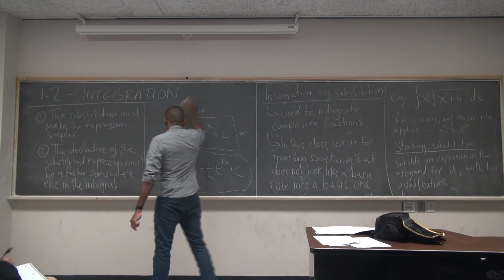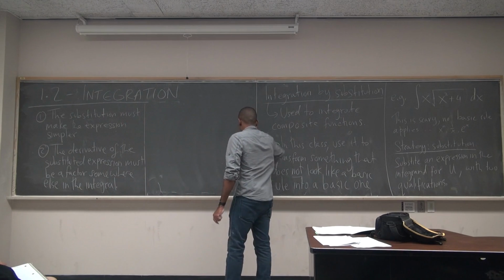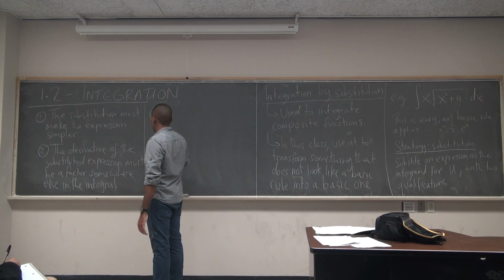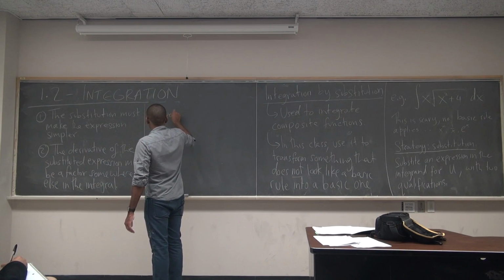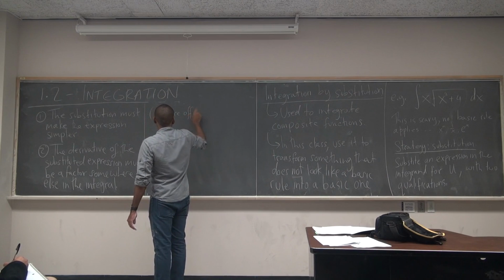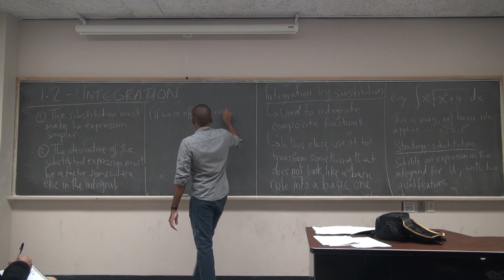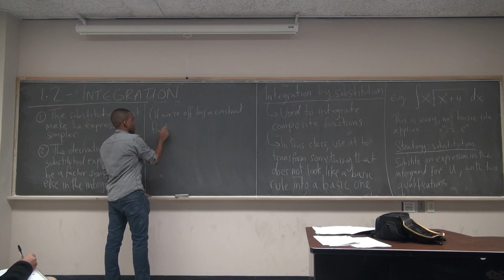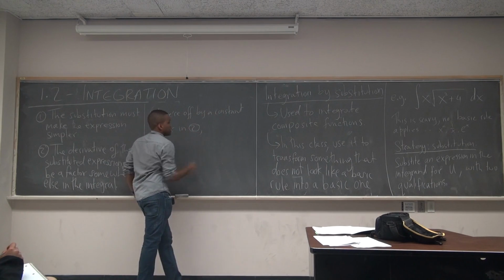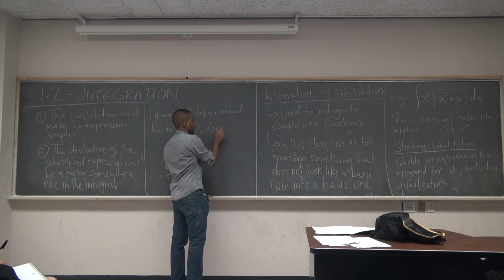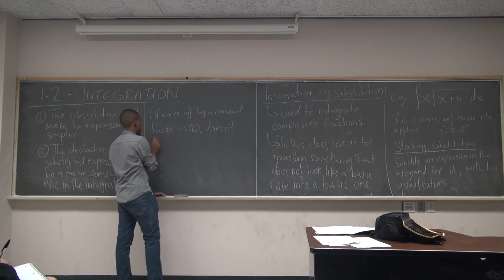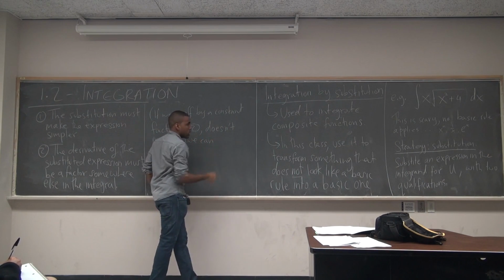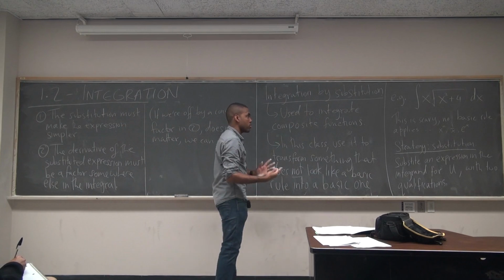Those are the two rules I'm going to use to make a substitution. Parenthetical statement, if we're off by a constant factor in rule 2, it doesn't matter. We can factor constants out. So I'm not worried about the constant multiplier in front, I'm worried about the function part.